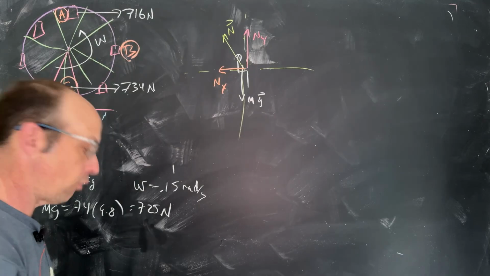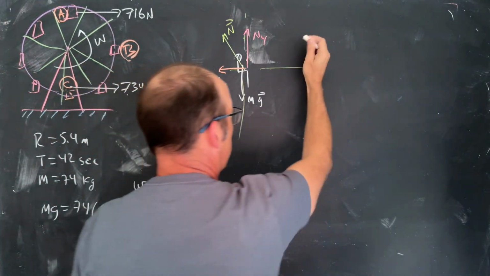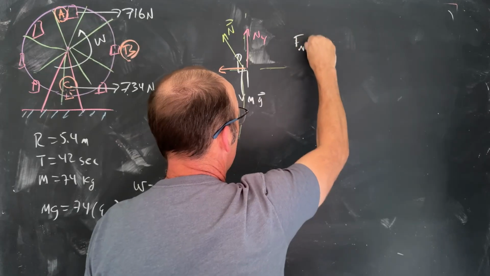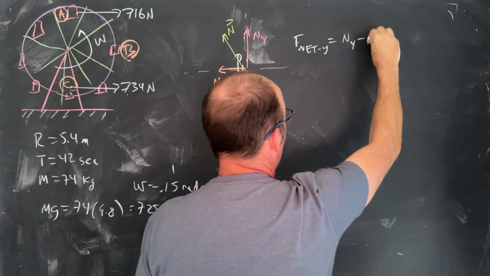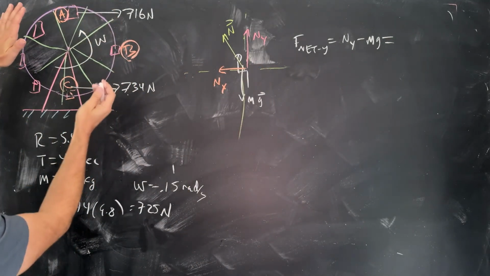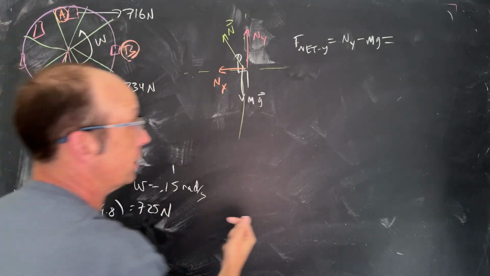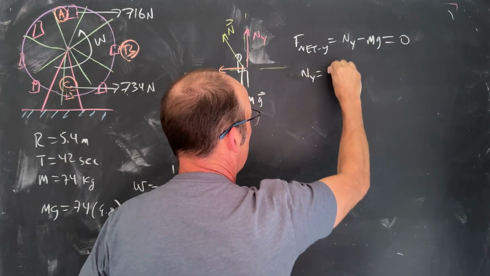So I'm going to break that normal force into an x and y component. So let's start off with the vertical direction. I'm going to say F net y is n y minus mg, and that's 0, right? They're moving at a constant speed, and the acceleration is this way. So there's no acceleration in the y direction. And so I get n y is going to be equal to mg.